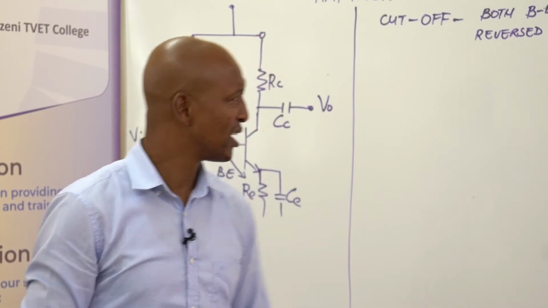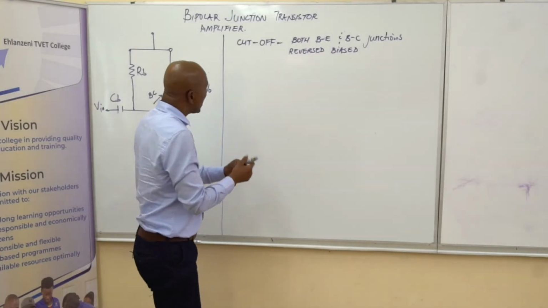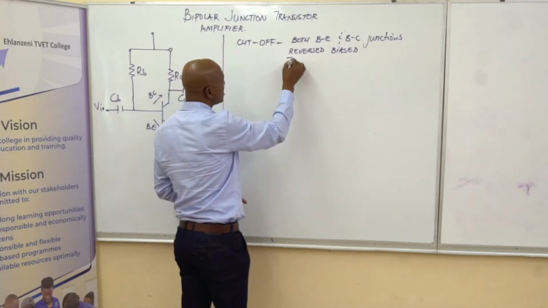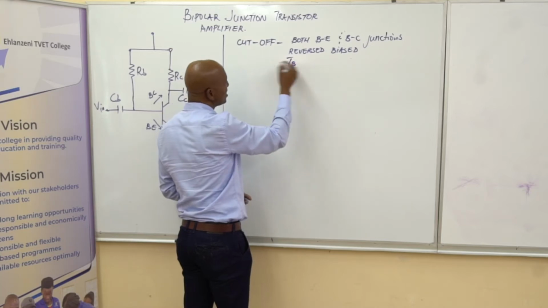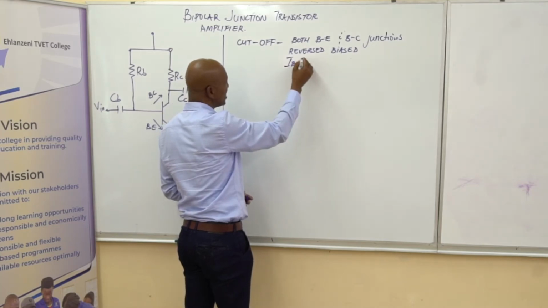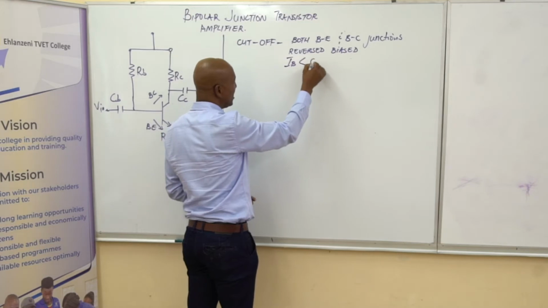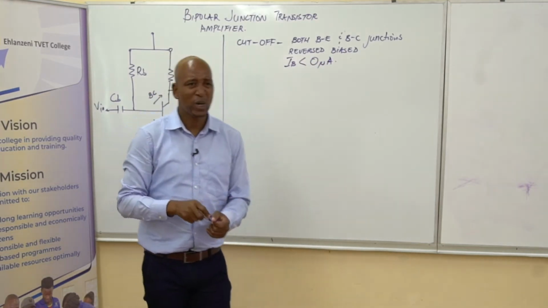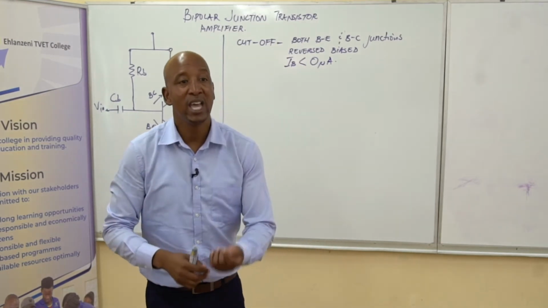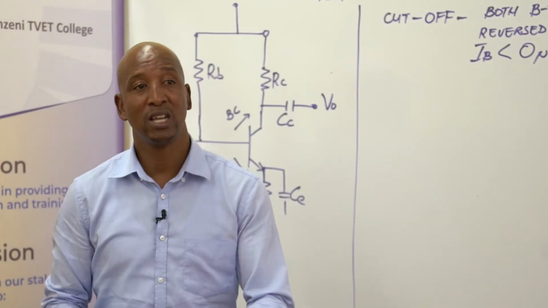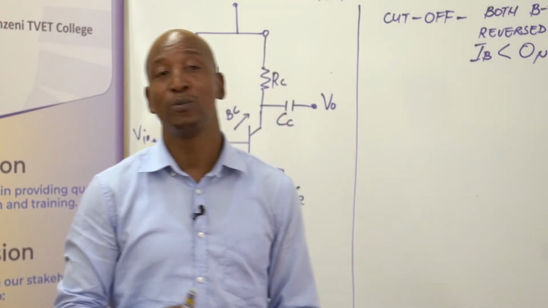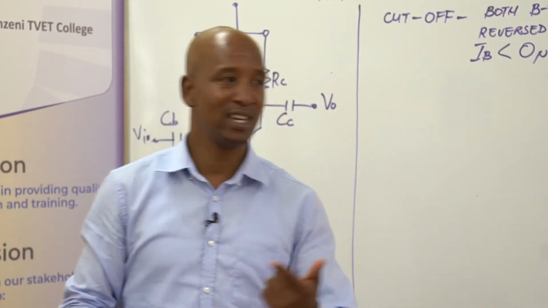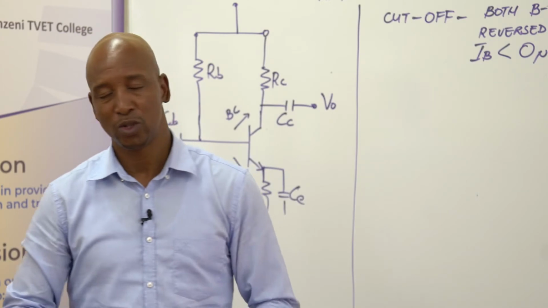That is to say, we can have IB, our base current, which controls this transistor. Our base current can be even less than 0 microamps. That is to say, we actually have no current in the base. And we now know that if we don't have current in the base, there will be no current flowing in the collector and no current flowing in the emitter. So what do we mean?